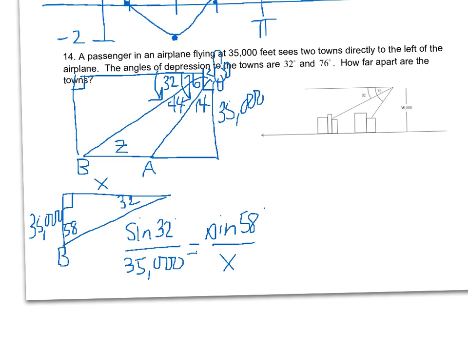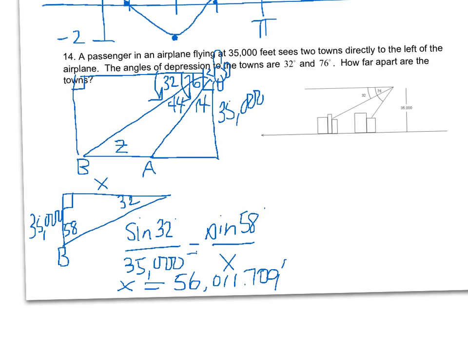If you do that math, you get x equals 56,011.709 feet. So now we have x and we have that other side, which is what we need.